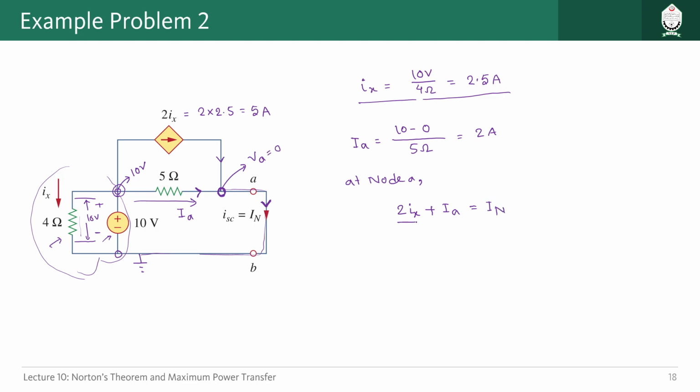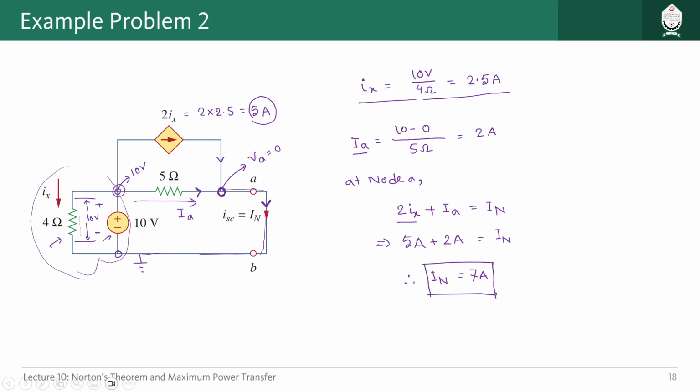We know the value of 2Ix, which is this one, so let us write that 5 ampere. We just found out the value of IA, which is 2 ampere. And finally we have this IN. So IN should be equal to 7 ampere.